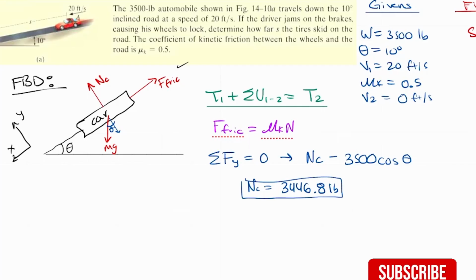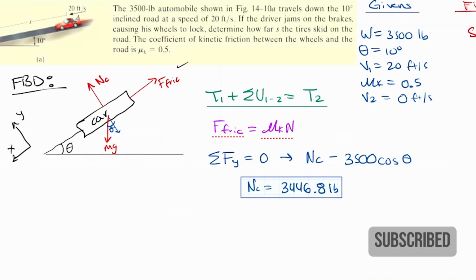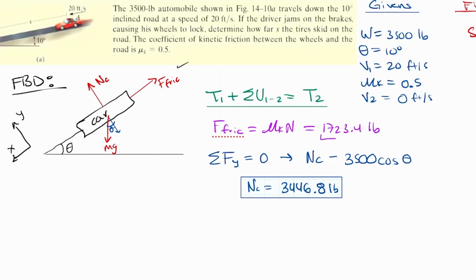All right, so from this information, we can figure out that the force of friction, which is the normal force multiplied by the coefficient of kinetic friction, is equal to 1,723.4 pounds.